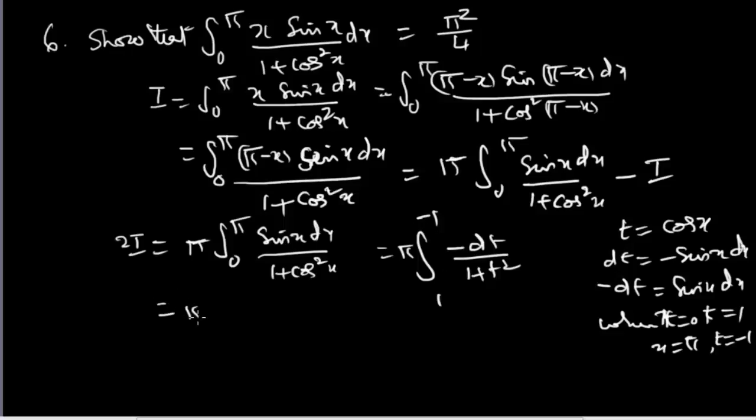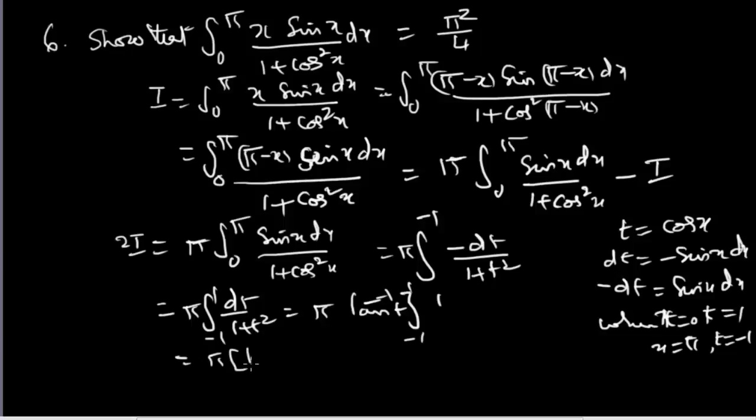Now this minus sign brings the lower limit to upper and upper to lower. So this is equal to pi integral minus 1 to 1 dt by 1 plus t squared, and dt by 1 plus t squared is tan inverse t from minus 1 to plus 1. That is pi into tan inverse 1 minus tan inverse minus 1.